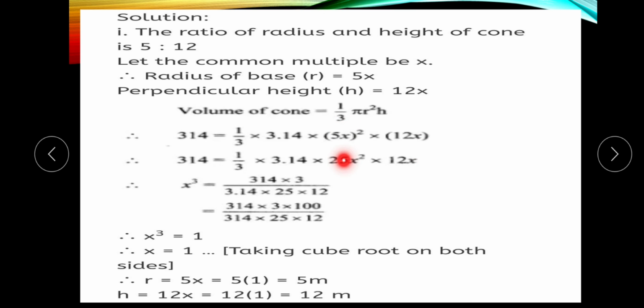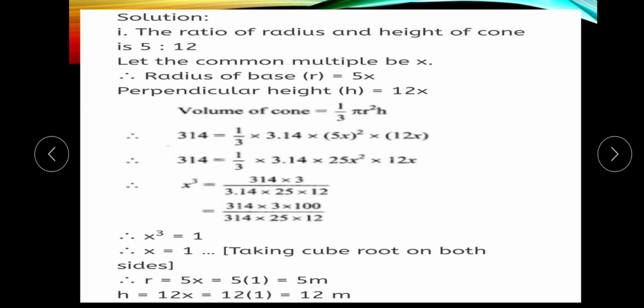Now expanding 5x square, we will get 5x into 5x, that is 5 5s are 25, x into x square. So we get 314 is equal to 1/3 into 3.14 into 25x square into 12x. Now dear children, x square into x we will get x cube. So we need the value of x. So we will take x cube in LHS part.